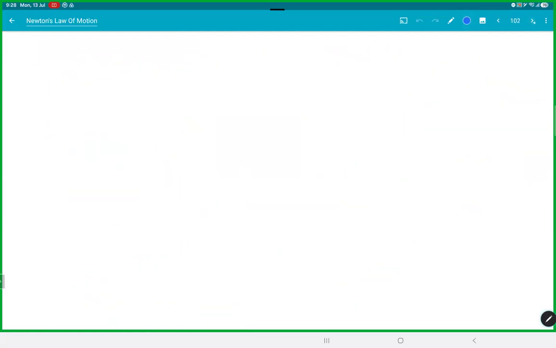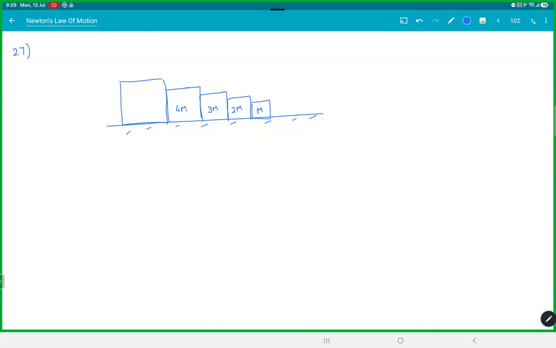Let's see one more. This is M, 2M, 3M, 4M, and 5M. There are 5 blocks.